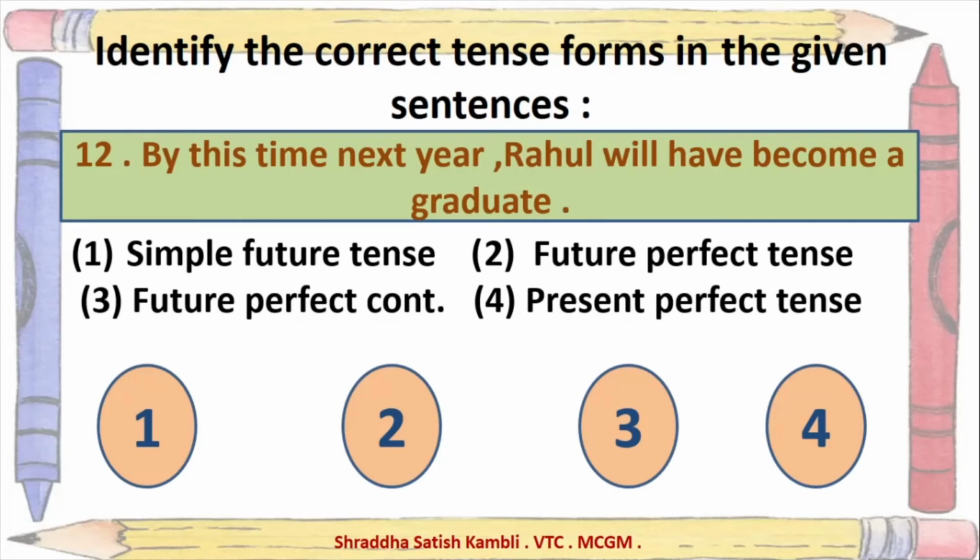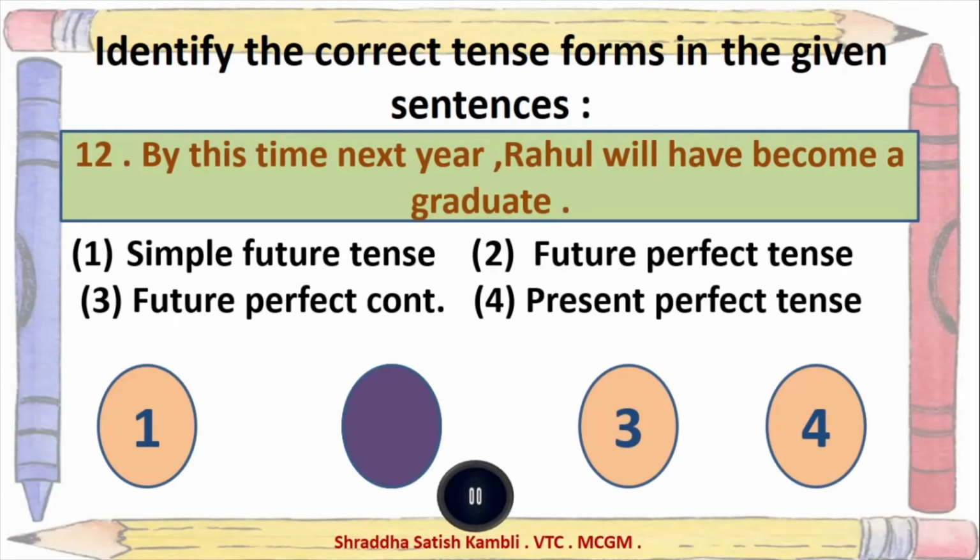So here goes your timer. So the answer is the second one, future perfect, because there is will and there is have. So it is a future perfect tense.